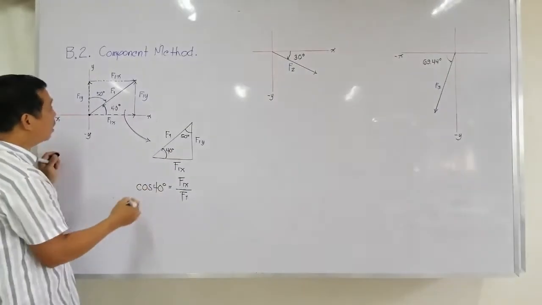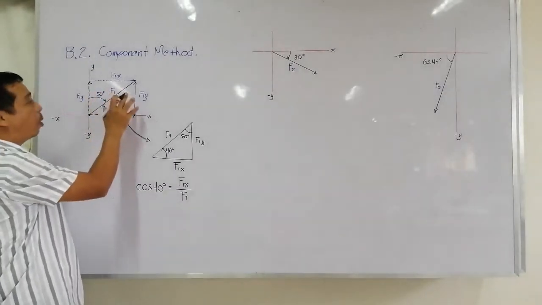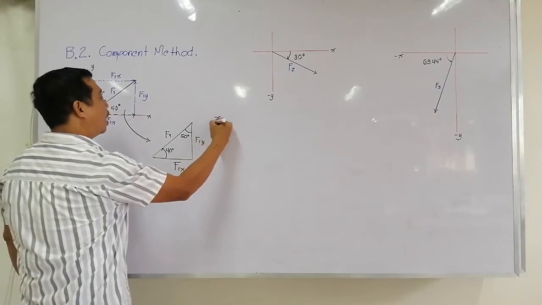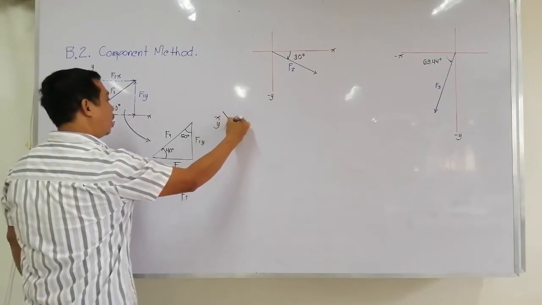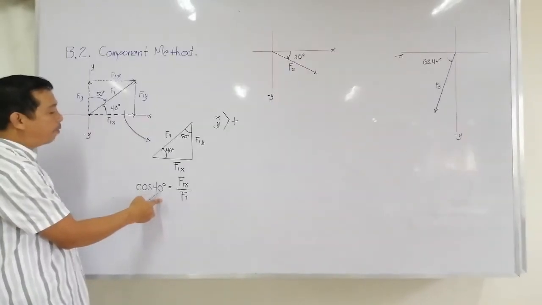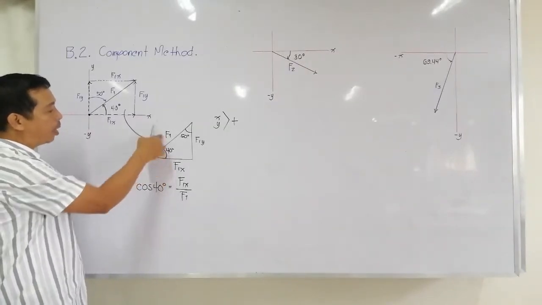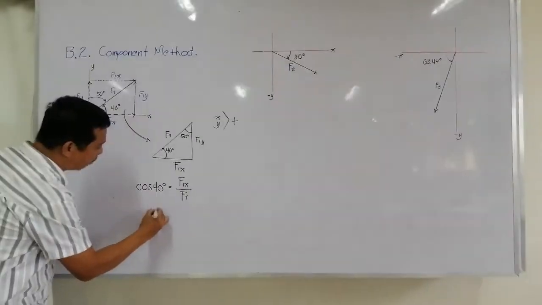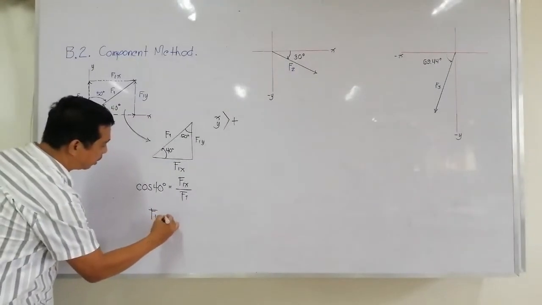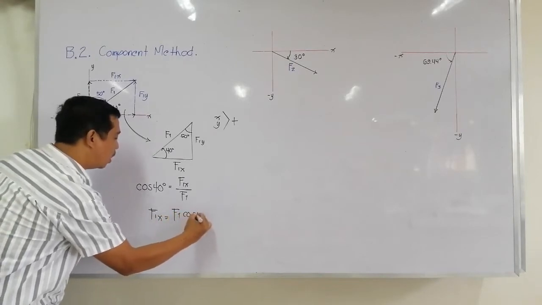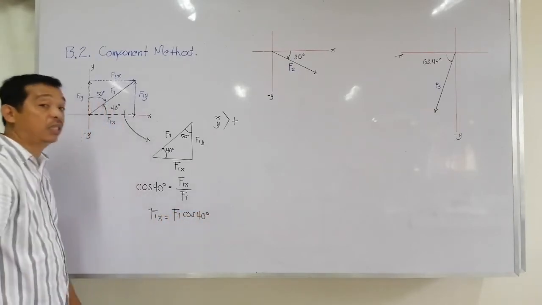Now, take note na since ito yung nasa first quadrant, the x and y values are both positive. So, your cosine 40 would have to be F1x adjacent over the hypotenuse F1. So, transposing, you will have the expression for F1x. Solvable na siya: F1 cosine 40 degrees.